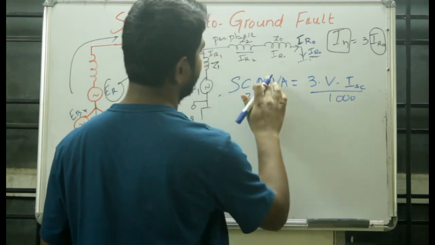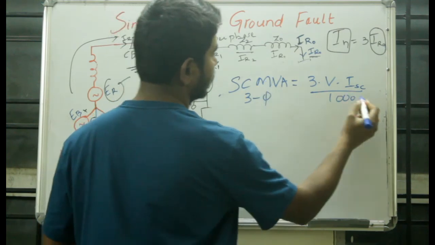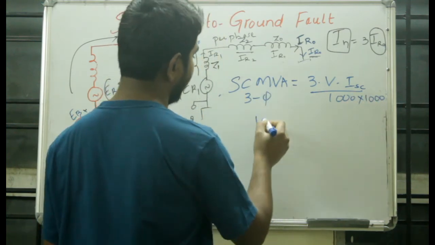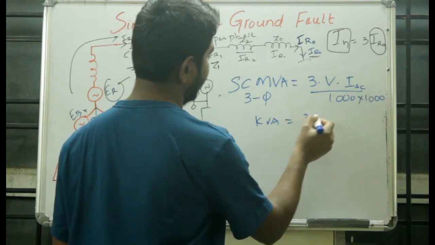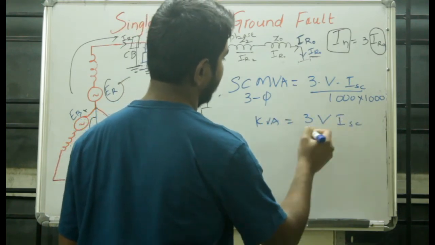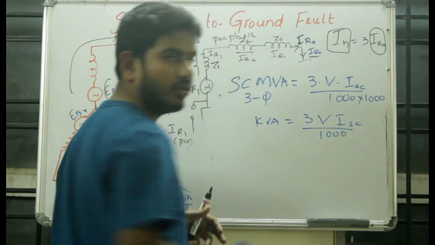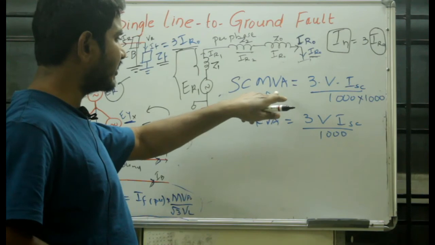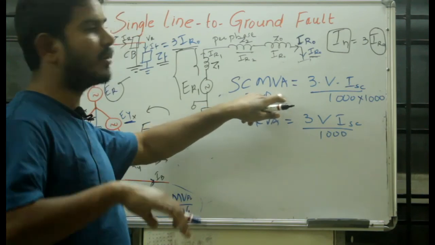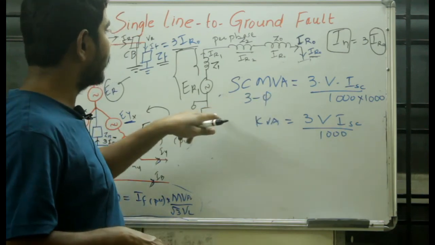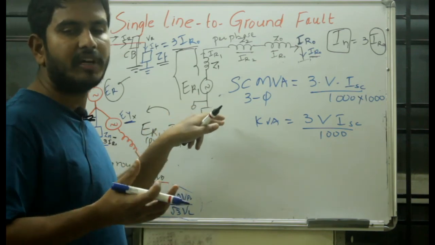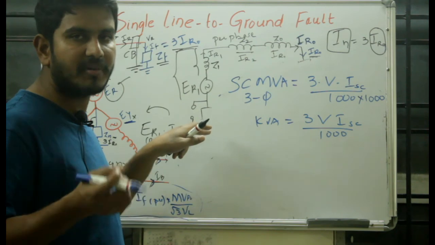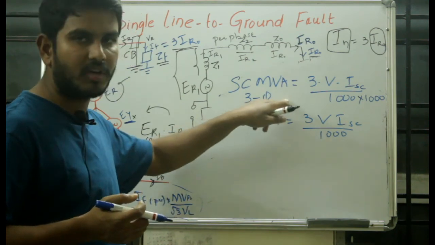If you write it in kVA, it will be 3 times V ISC upon 1000. Why are we considering this short circuit MVA which we use in the symmetrical circuit? Because here also you are making your circuit symmetrical: positive phase sequence, negative phase sequence, zero phase sequence are all symmetrical circuits. So you can employ this formula here as well.